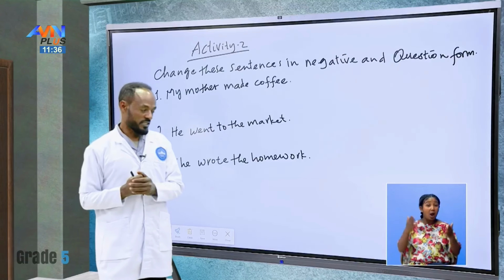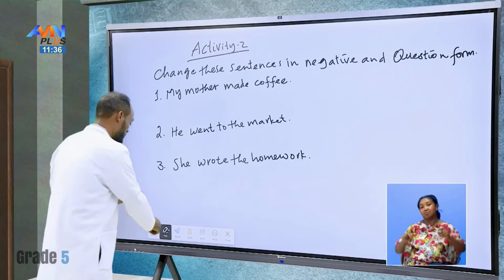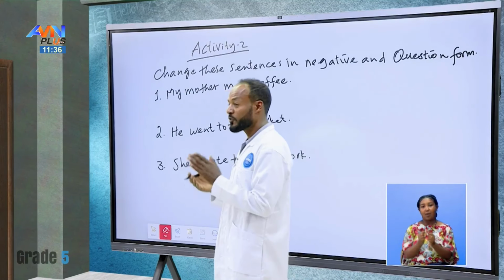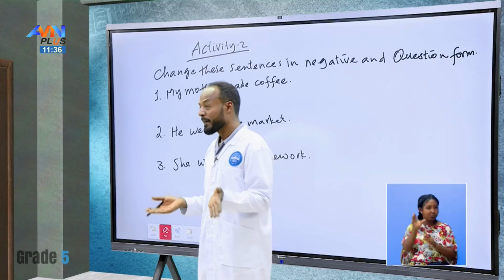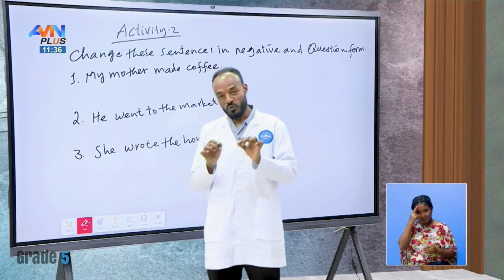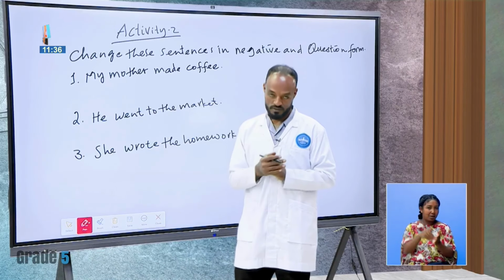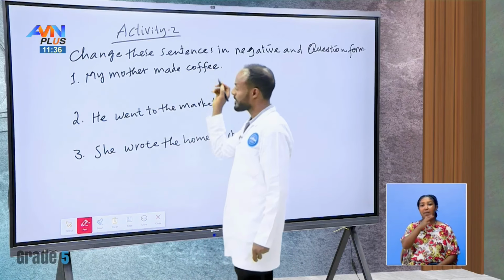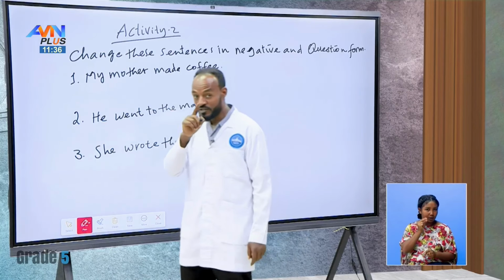I hope you did it. Bravo. Let's do it now. If you are wrong, don't worry, because if you try again and again, you can be perfect. Okay? My mother made coffee. We have to start from what?